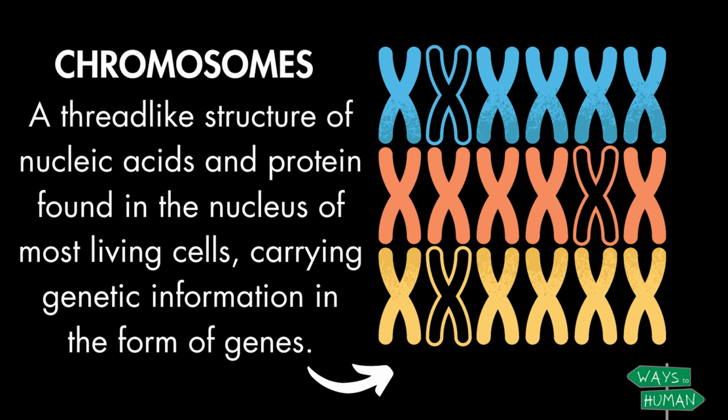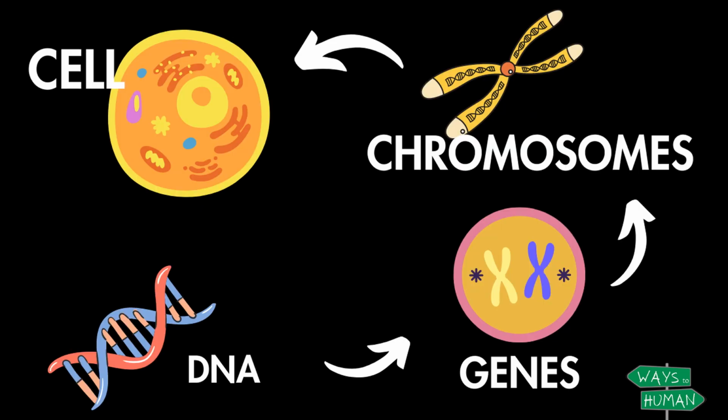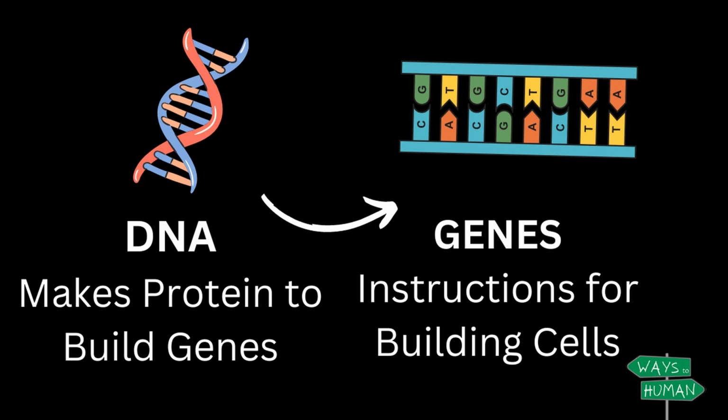The body is made up of cells. Each cell contains 23 pairs of chromosomes, half from your mother and half from your father. Chromosomes are a collection of genes, which contain instructions for the cells. And genes are a collection of DNA. DNA are the building blocks of life. They build protein.